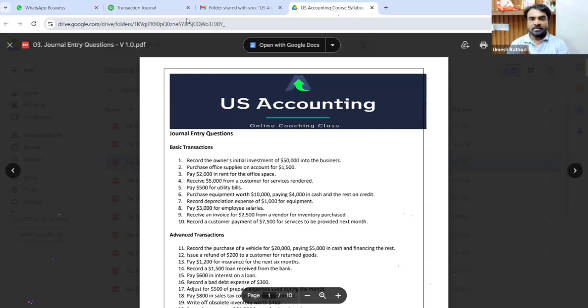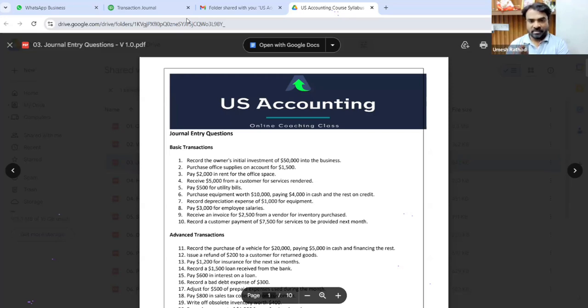Whenever there is a sales entry of inventory, we are under the impression that AR debit and sales credit, but it is not like that. There is another entry in the backend. When we sell on credit, accounts receivable debit, sales account credit.